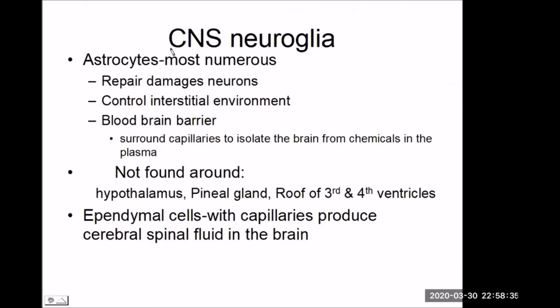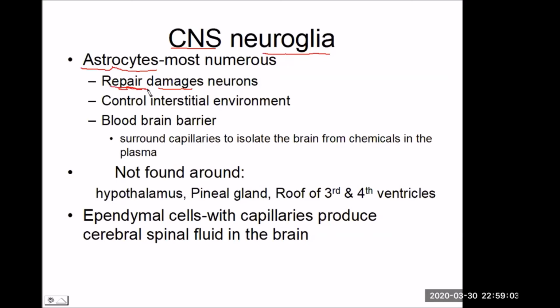So taking a look, starting with the central nervous system, the 4 types of neuroglia that we're interested in. So we have these very common astrocytes. We do have some ability to repair injured neurons. We said earlier, if a nerve cell is destroyed, we lack the ability to just simply replace them and make new ones, but we do have some ability to repair injured neurons.